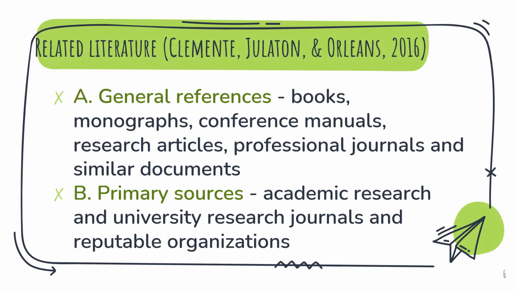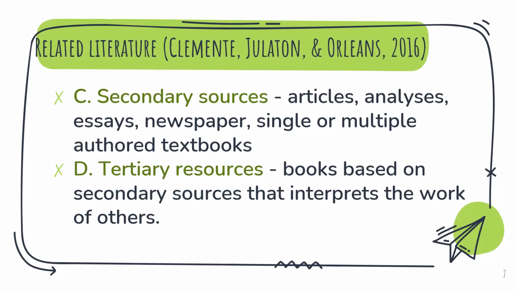When we say primary sources, these are the academic research and university research journals and reputable organizations. So next, secondary sources, these are articles, analyses, essays, newspapers, single or multiple authored textbooks.